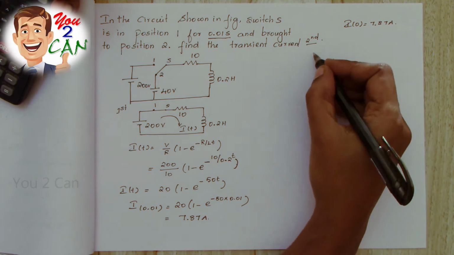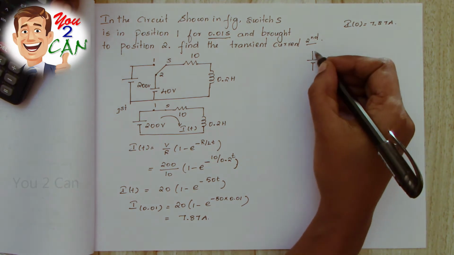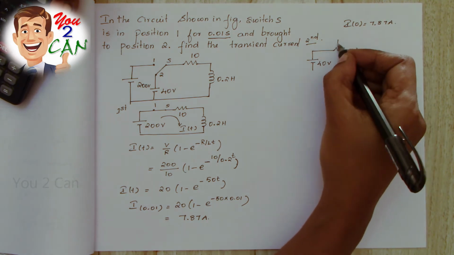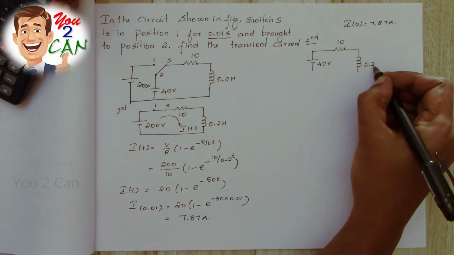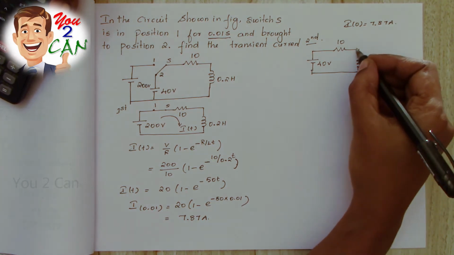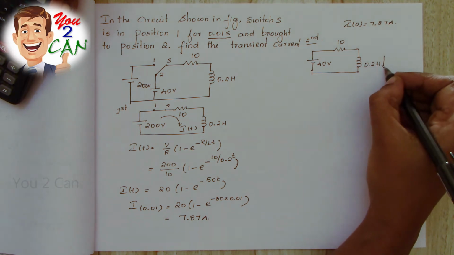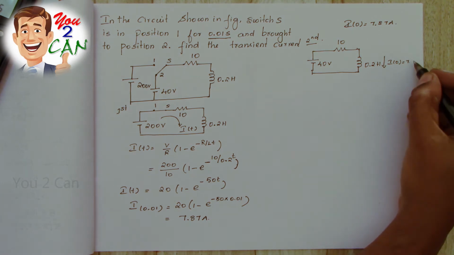Now it is brought to the second position. What will the circuit be? It is 40 volt, 10 ohm, 0.2 Henry. At this position there will be an initial current through the inductor, that is, the initial condition I of 0 is 7.87 amps.